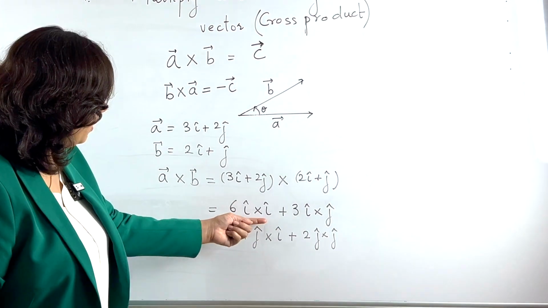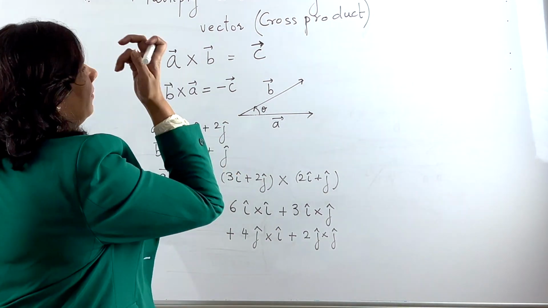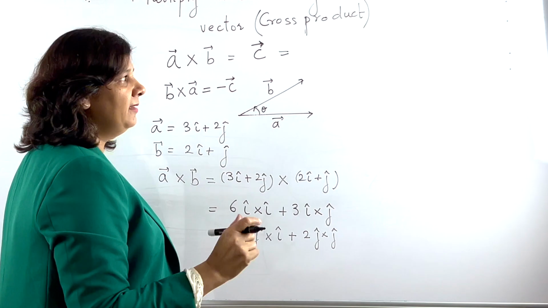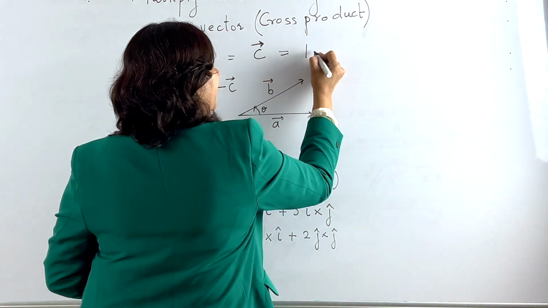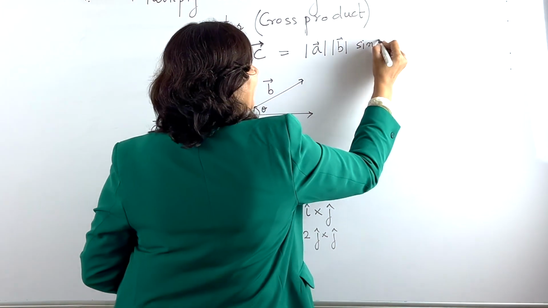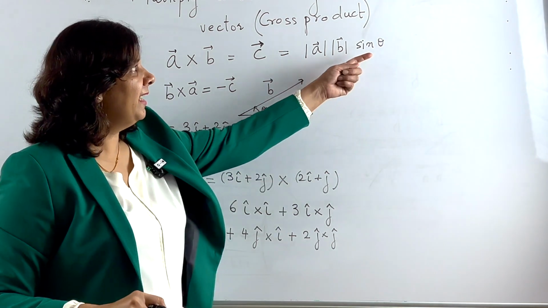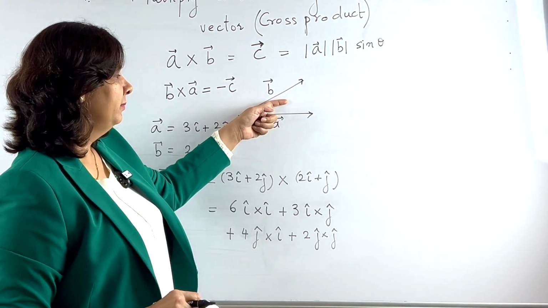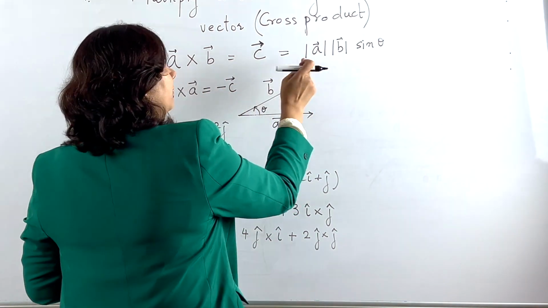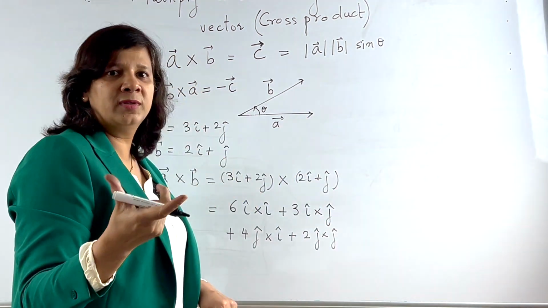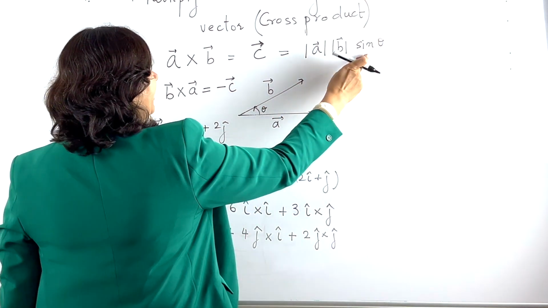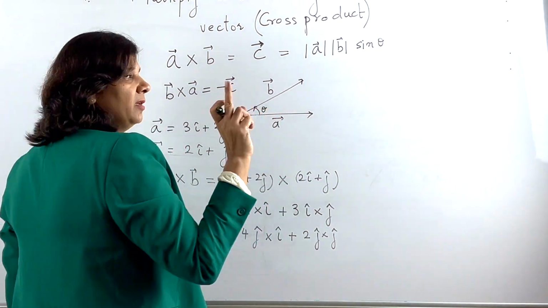Now, if we have to find the magnitude of the vector C, the magnitude of vector C will be magnitude of vector A into magnitude of vector B into sine of theta, where theta is the angle between A and B. In the dot product, when I did A dot B, we had cosine theta, where theta was the angle between vector A and B. Here again theta is the angle between A and B, but we have to take the smaller angle.